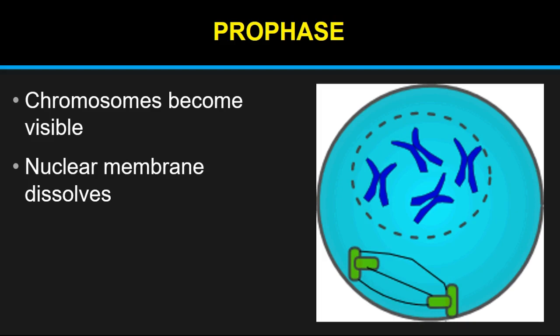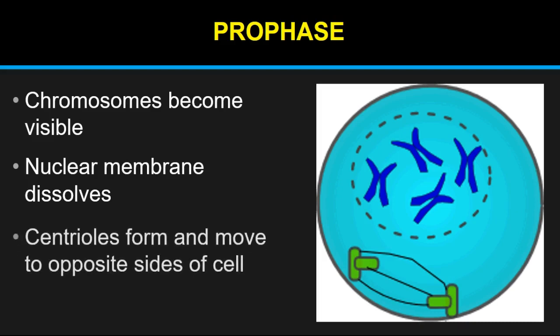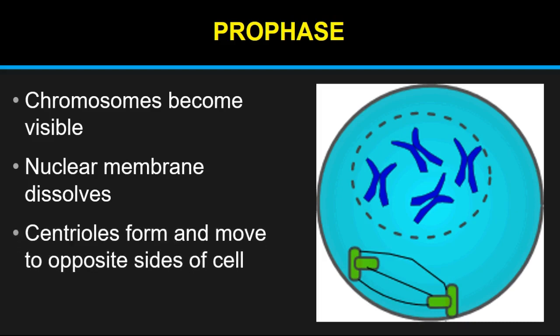So the nucleus used to be surrounded by a membrane, just like the cell. And you can see in this picture the dotted line, that nuclear membrane is dissolving. And these little structures, those green structures, are called centrioles, and they start to form and they start to move towards opposite sides of the cell, and they're going to help that cell divide.